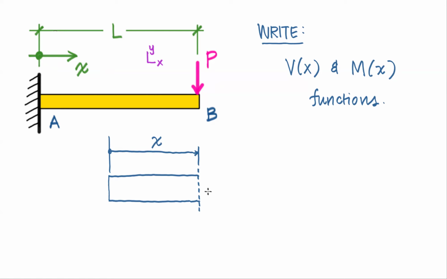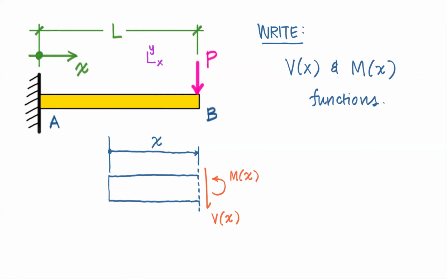I want to draw those in the positive direction. So shear positive up, down. So shear as it varies with position X and moment as a function of X. So M of X, V of X, not M sub X, not V sub X.